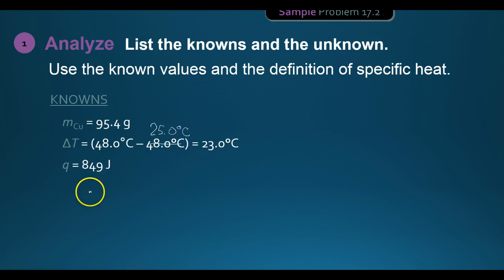Q is 849 joules. The unknown then is the specific heat, and the units for the specific heat will be joule over gram degree Celsius, since joule is our unit for heat.